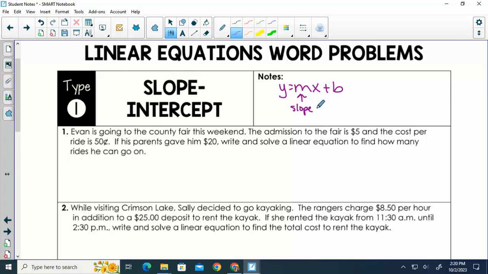In terms of an equation, that is going to be a repeated value because it's going to be associated with every single x. B is our y-intercept. In terms of these equations, it will be a one-time value.